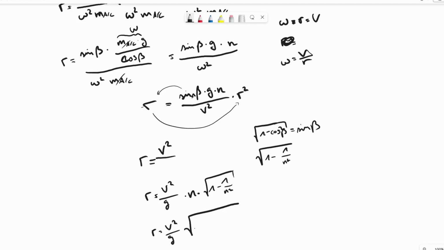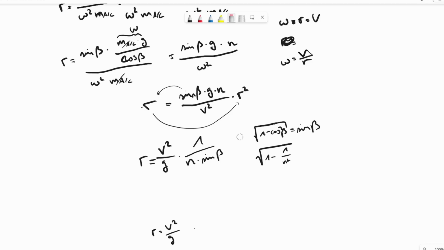So v squared divided by g times 1 over n times sine beta. Yeah, because all of this needs to become the denominator. Okay, but this still applies. We just need to rearrange that or correct that. So we have r equals v squared divided by g times 1 over n times square root of 1 minus 1 over n squared.